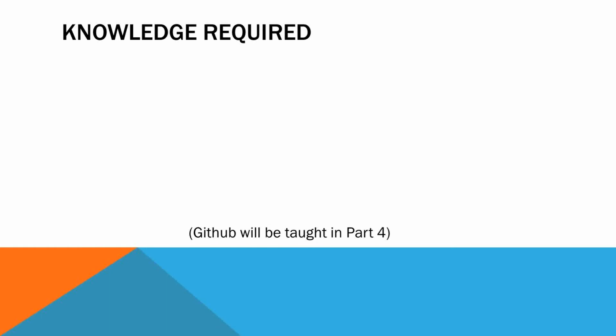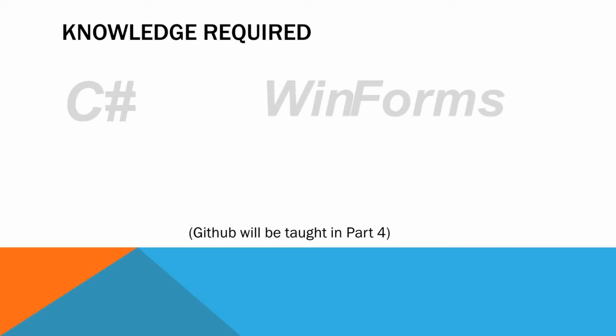So, the knowledge that you will need to know is some basic C# and WinForms. If you don't know these 2 things, I highly recommend that you actually get learning them. You don't particularly need to know C# and WinForms to help out.